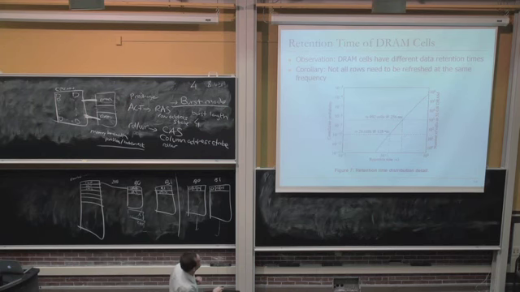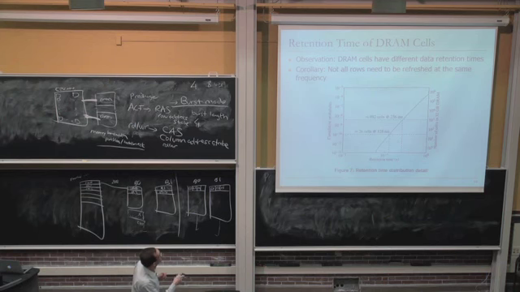So if you look at a retention time of 128 milliseconds, in a DRAM chip, only 26 cells need to be refreshed more often, because they have less than 128 millisecond retention time. And about 1,000 cells have less than 256 millisecond retention time.